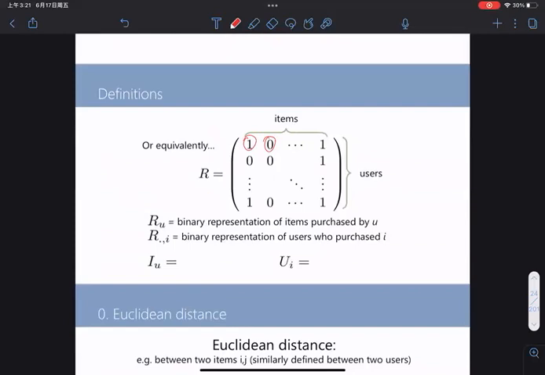So I subscript U can be expressed by the items I for which the matrix R subscript UI equals 1, and U subscript I can be expressed by the users for which R subscript UI equals 1 in the matrix.